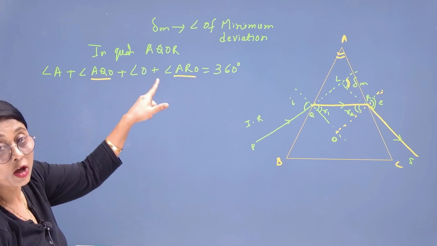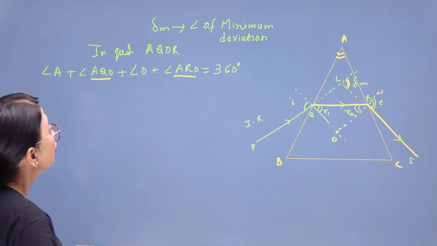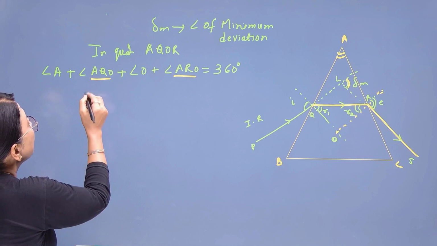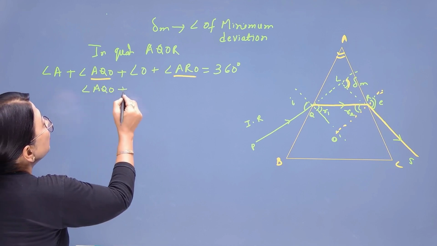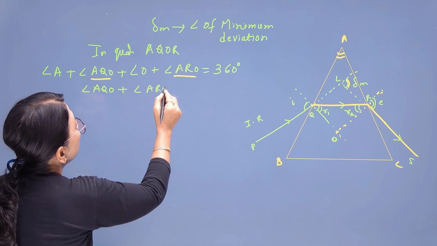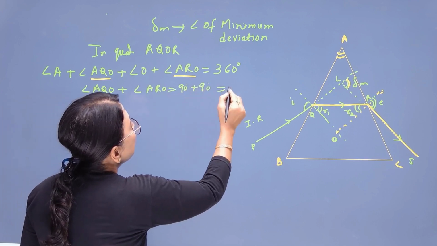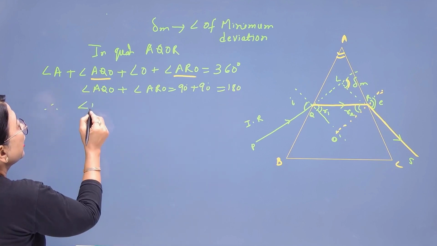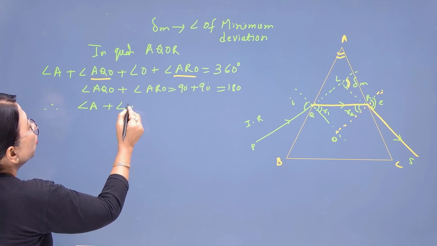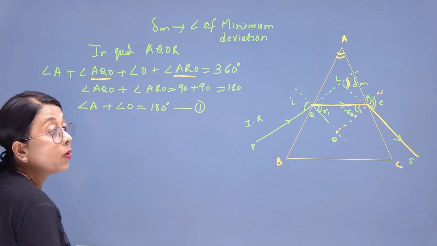Therefore, इन दोनों का सम क्या हो जाएगा? This will be 360 minus 180, that is 180. From the conclusion we get that angle AQO plus angle ARO will be 90 plus 90, that is your 180 degree. Therefore, we get the first conclusion that angle A plus angle O is 180 degree. This is the first one from the quadrilateral.